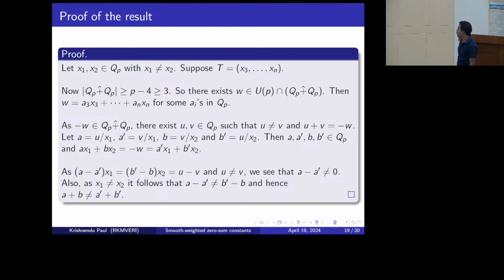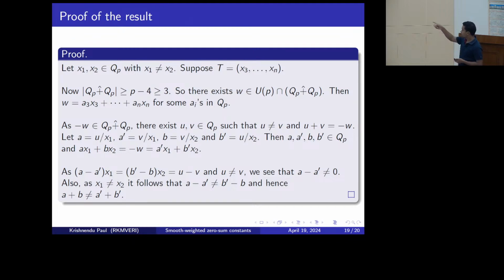And now as x1 not equal to x2, it follows that a minus a prime is not equal to b prime minus b, and hence the sum of the weights a plus b is not equal to a prime plus b prime. So here we are getting that minus W is written in two ways such that the sums of the weights are different.